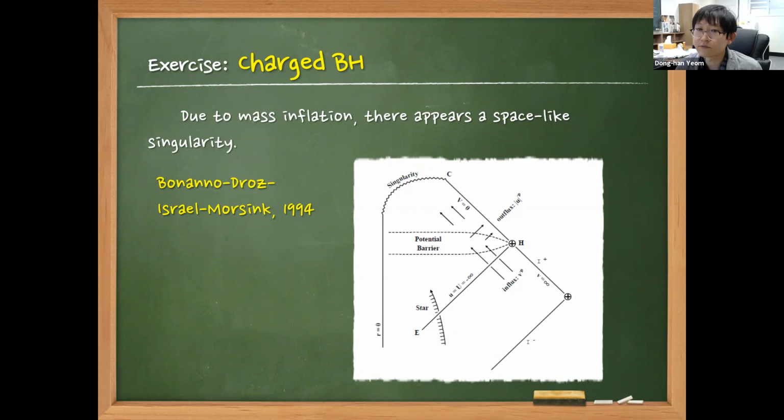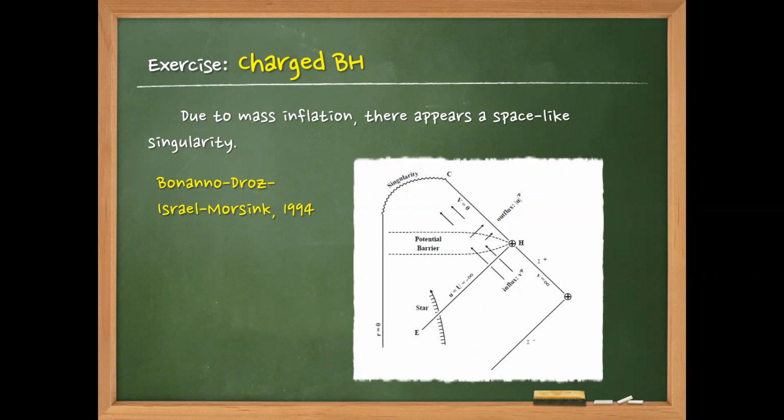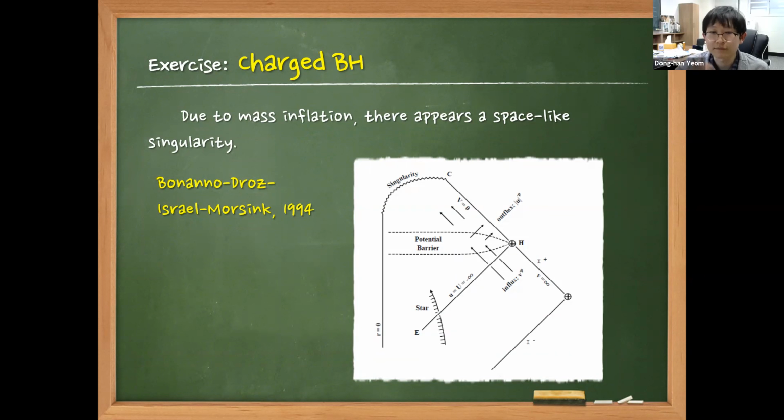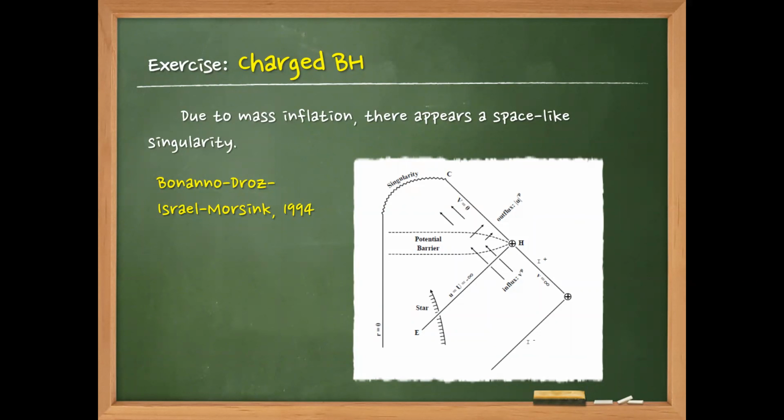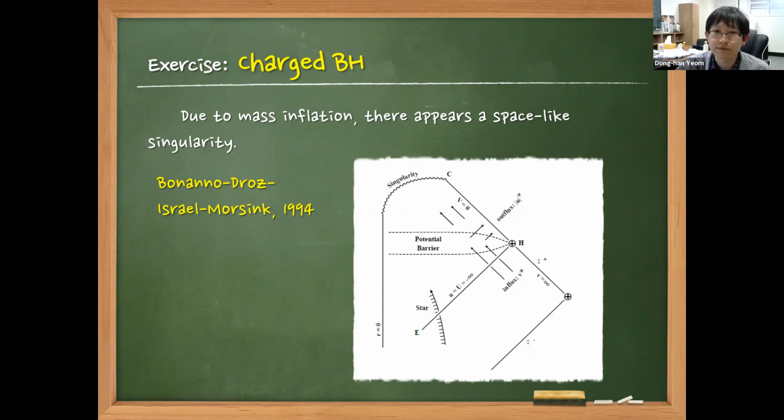Right. So I think what you mean is if you stay at a constant radius, then of course there appears some factor that increases exponentially. However, here what I'm saying is about the evolution of modes.